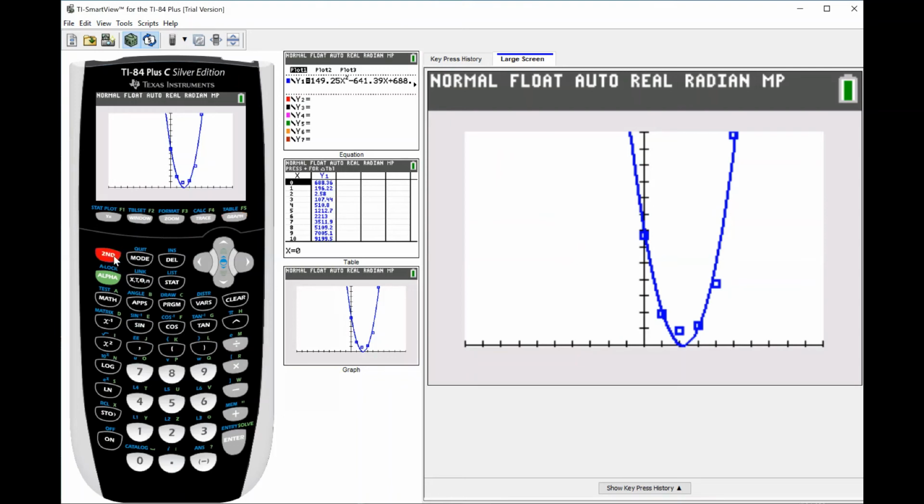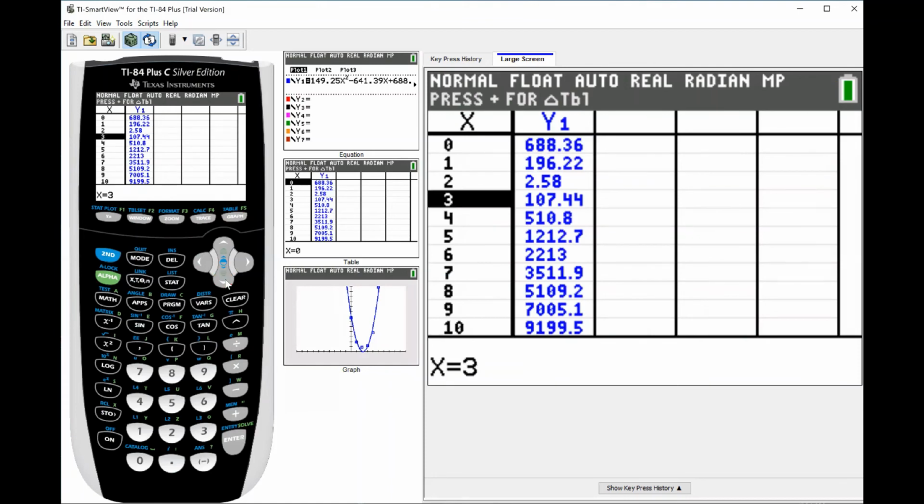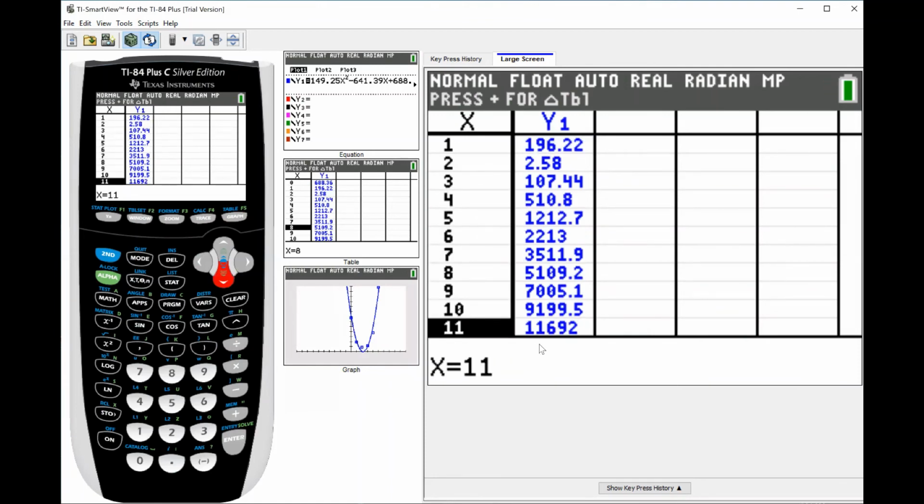One of the things I can do is second table. I can go to my table and look at what is Y when X is 11 in this equation. 11,692 cases. That's what we would predict.